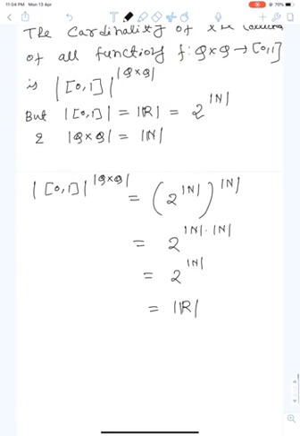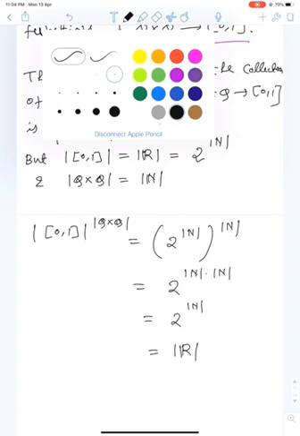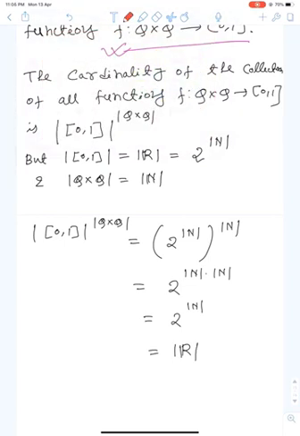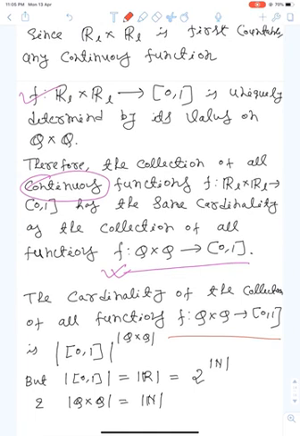Fine. That means the cardinality of this collection of functions, that is all the functions from Q cross Q to {0,1}, is just the cardinality of R. And this is the same as the cardinality of all continuous functions f from RL cross RL to {0,1}.